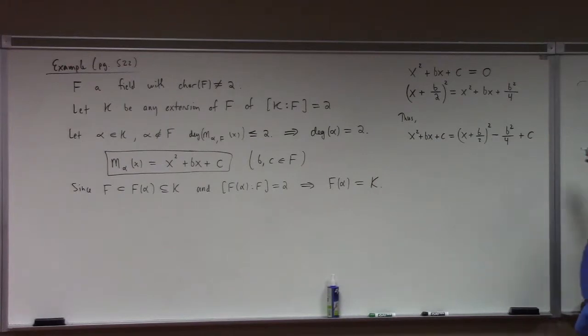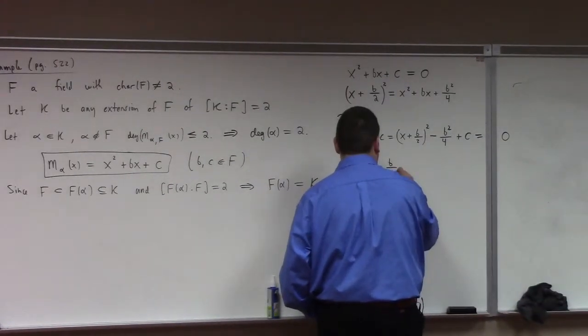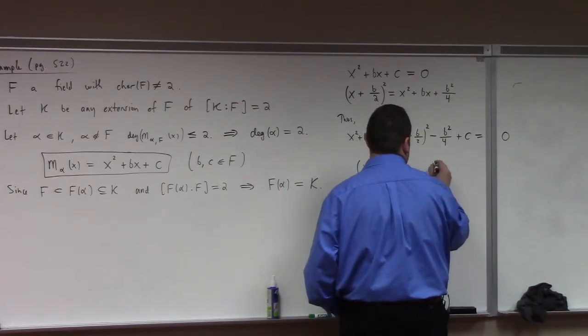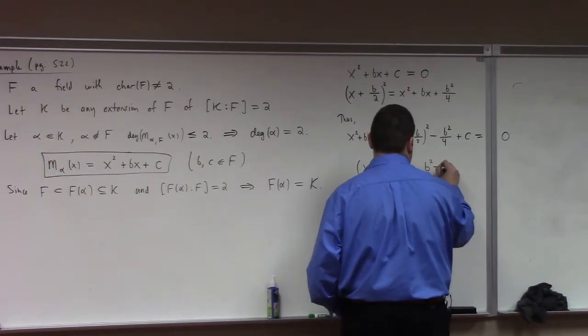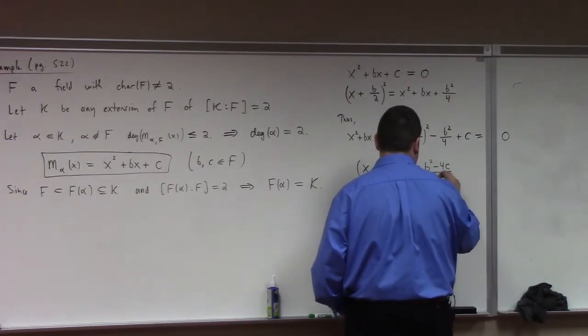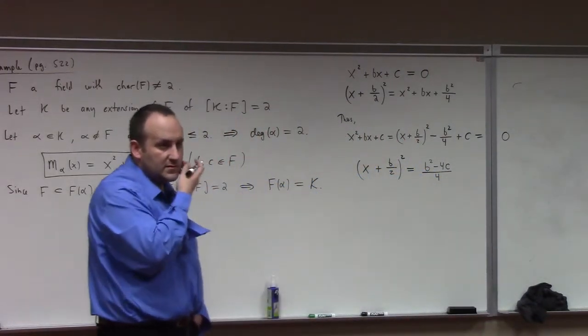And if we set that equal to 0, we can rewrite this as x plus b over 2 quantity squared equal to what? B squared minus 4c divided by 4, using laws of arithmetic in a field.